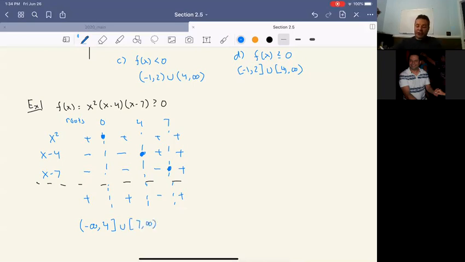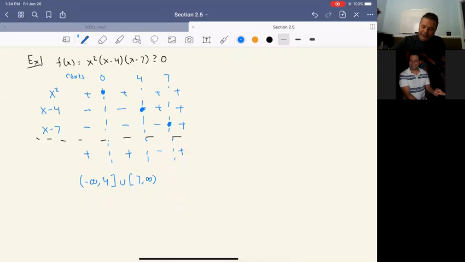Okay. Now, just as a sanity check, I want to explain what happens if our question was f of x is x squared, x minus 4, x minus 7, greater than 0. So how does that change our answer, if at all?